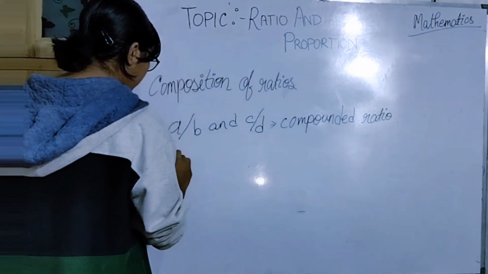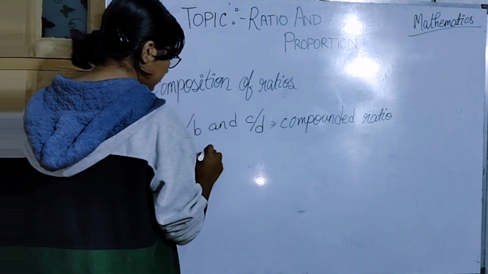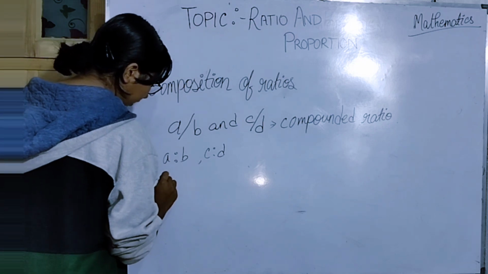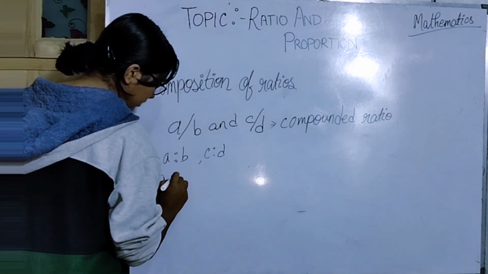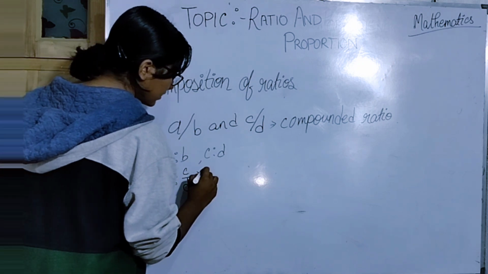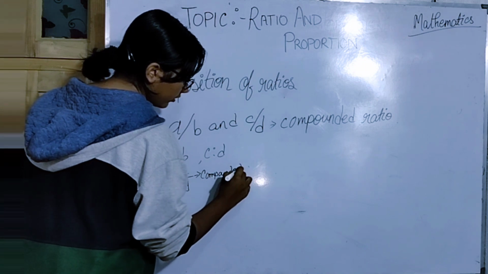If it be A is to B or C is to D, it will be a simple ratio. But if we take A by B is to C by D, it will be known as compounded ratio.